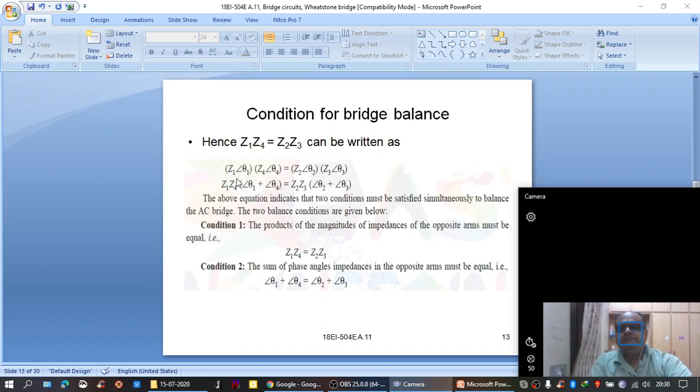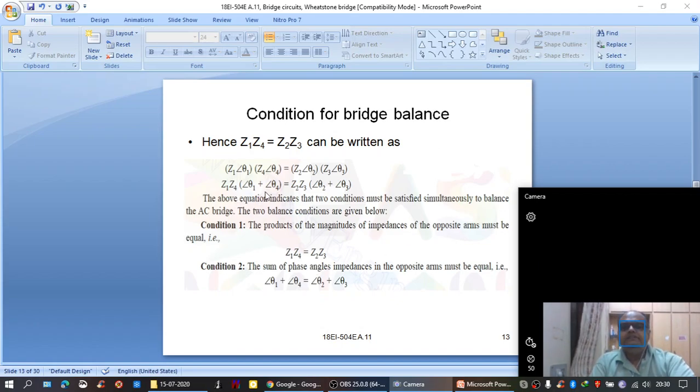Because Z1 at an angle theta 1 is nothing but Z1 into e power i theta 1, and for Z4 it is Z4 into e power i theta 4.